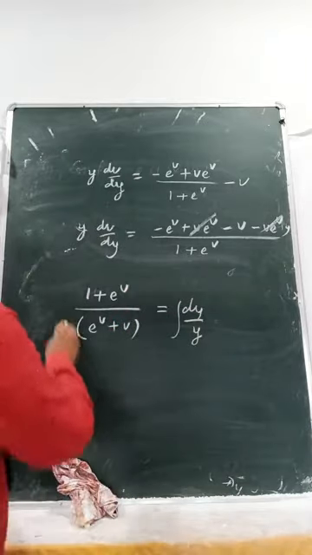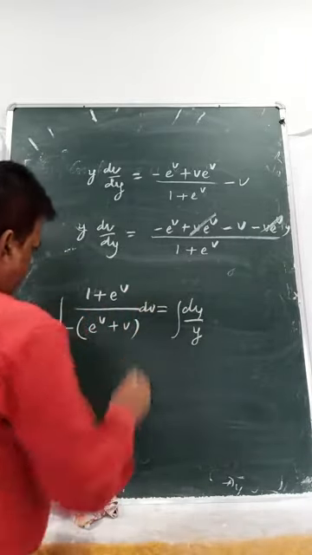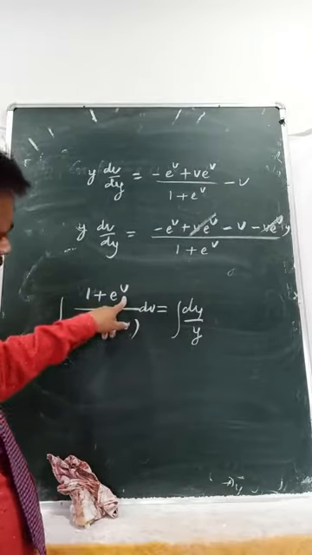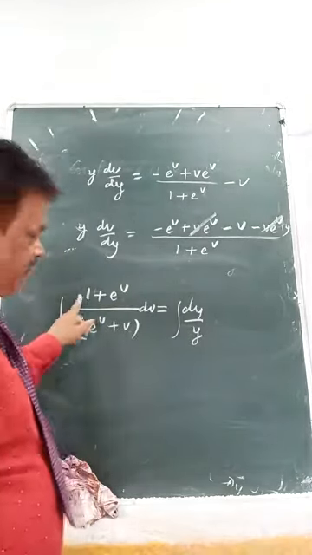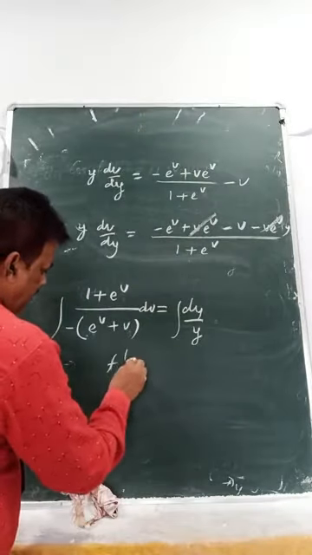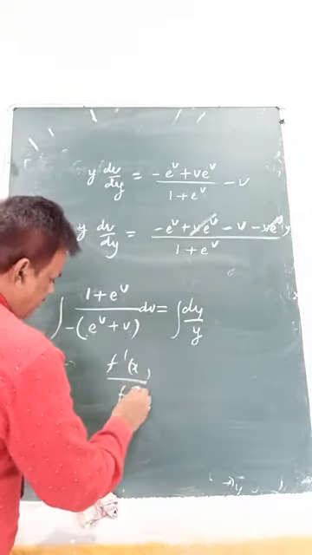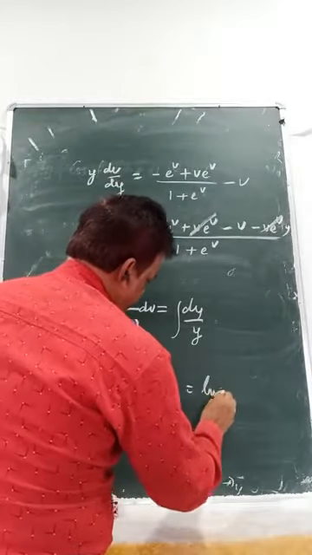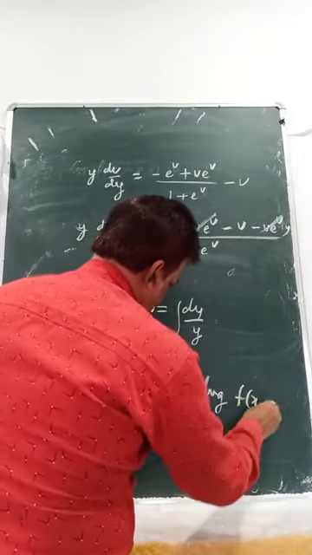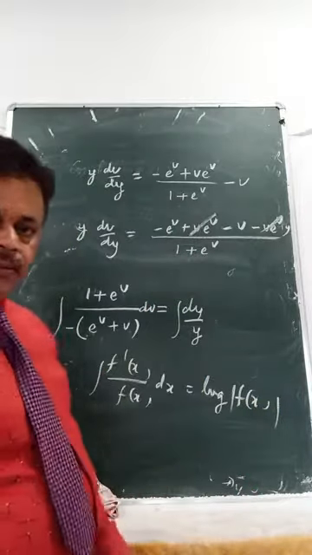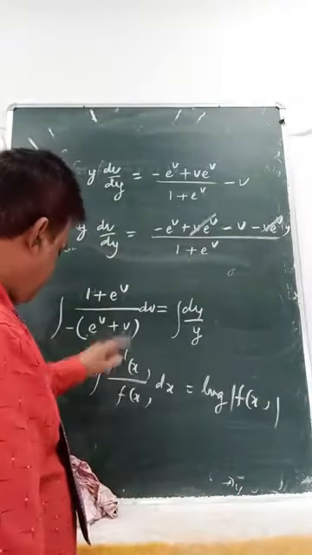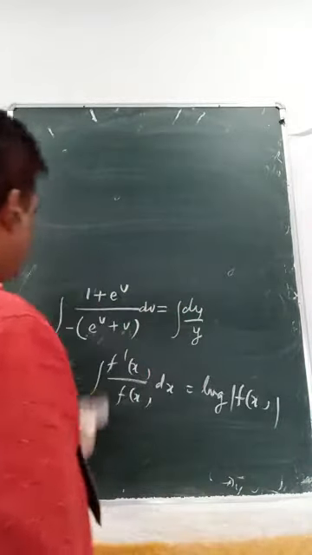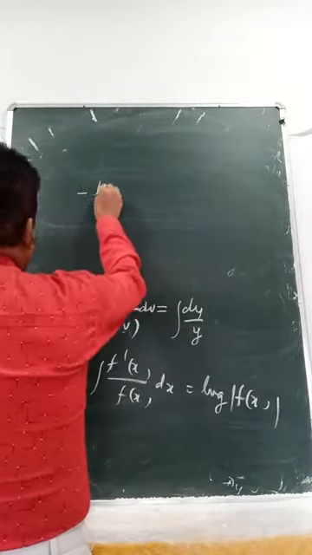So look here, this is dv. The derivative of e to the power v plus v is e to the power v plus 1. So that is your f dash x by f x, which integrates to log f x. Got it? So log of denominator. The log of denominator means minus is remaining here.